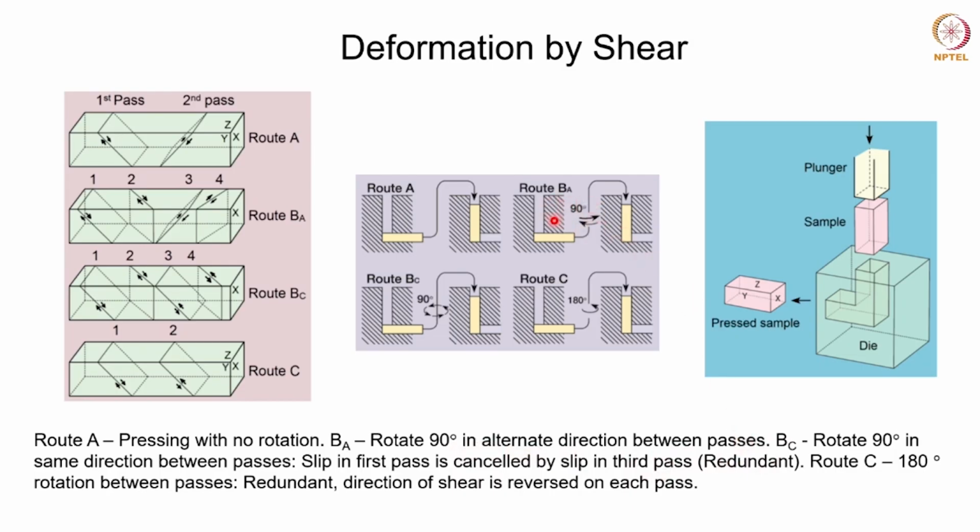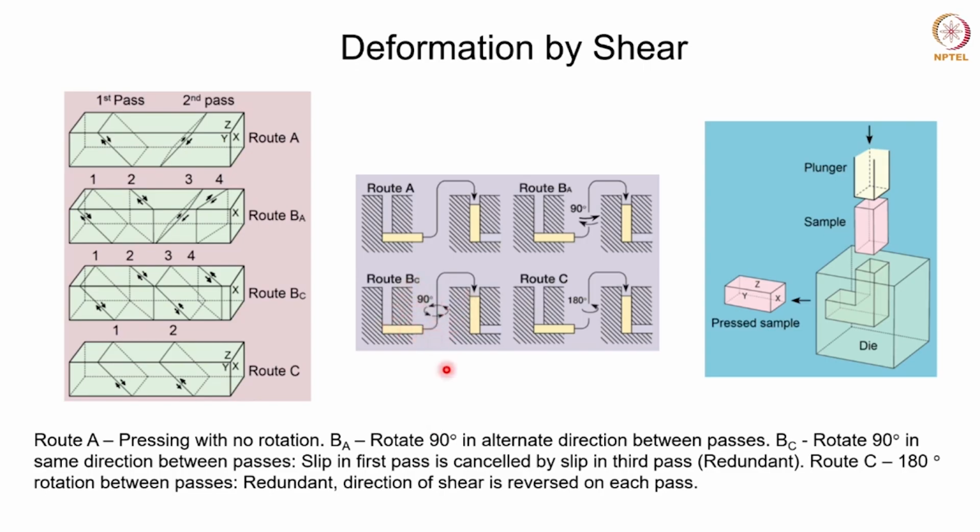That you can see here. This is the first pass, and then in the second pass it will be rotated 90 degrees in one particular direction, and in the next pass it will be rotated 90 degrees again but in the other direction. Then you have route BC, which involves a 90 degree rotation in the same direction between passes, as you can see in this diagram.